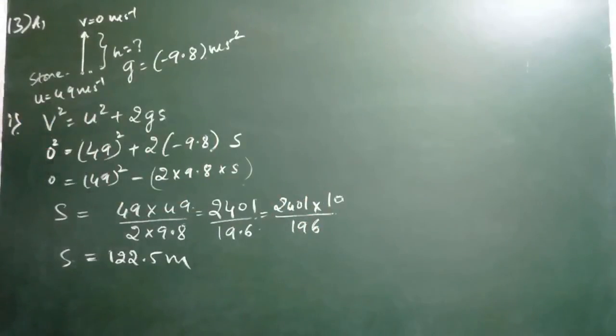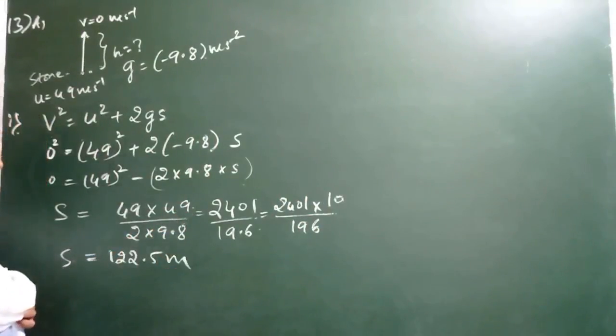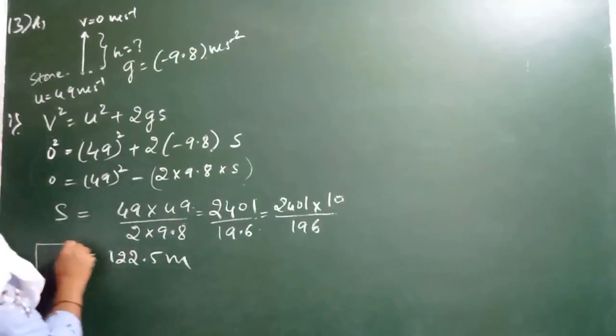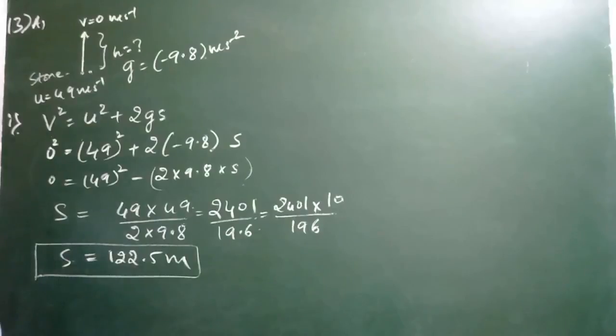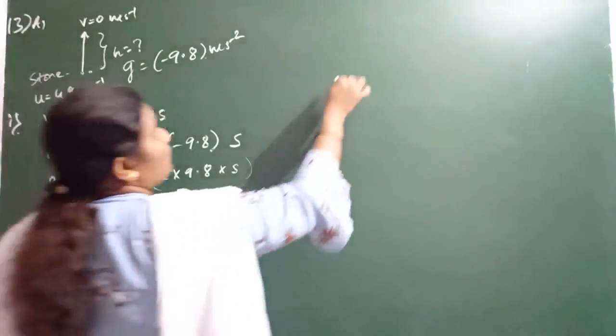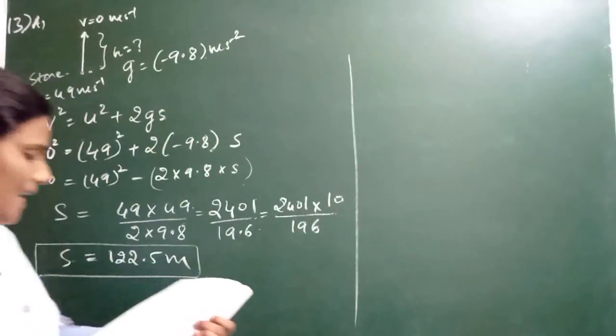You can do it that way, or else you can do it directly here also, no problem. So, what is the height value, children? Nothing but the distance value, 122.5 meters. This is the first part.